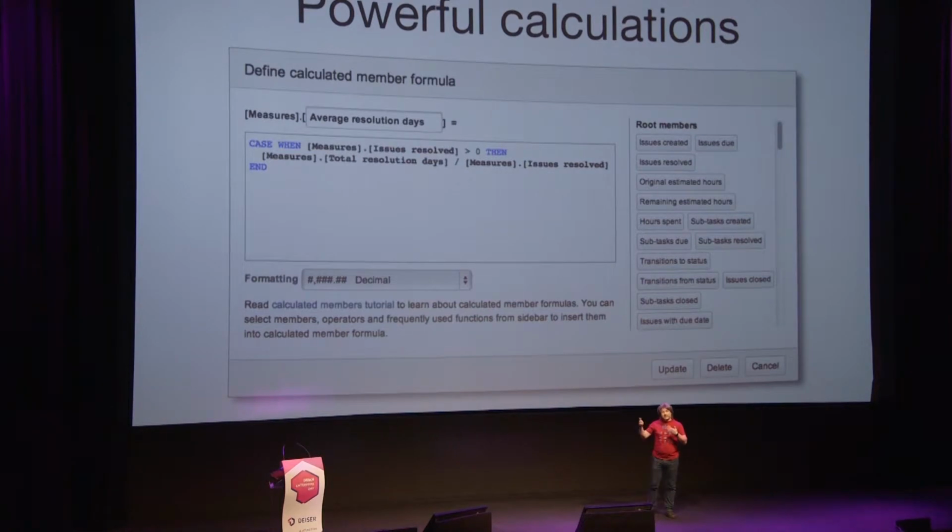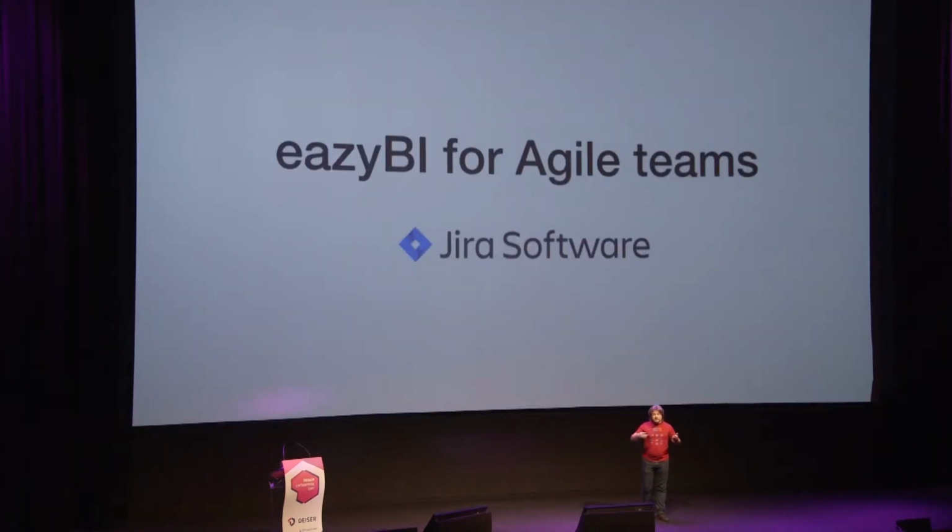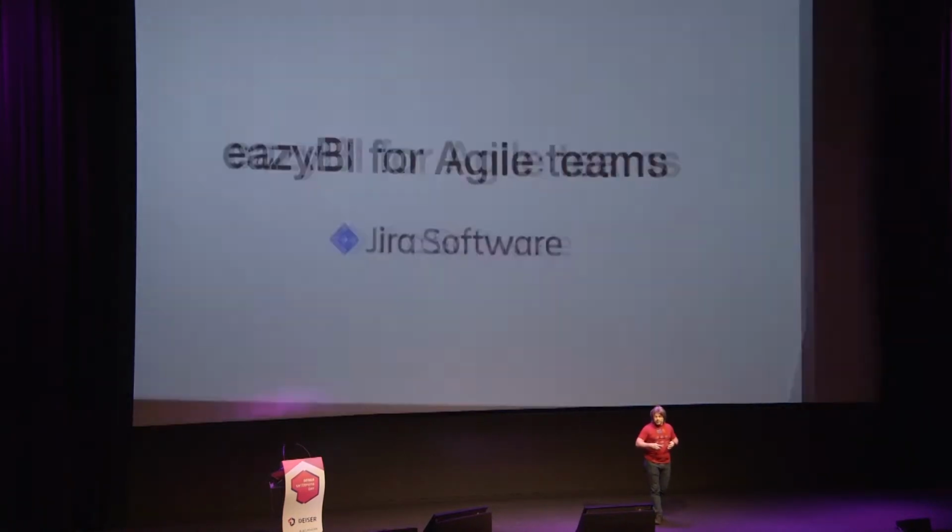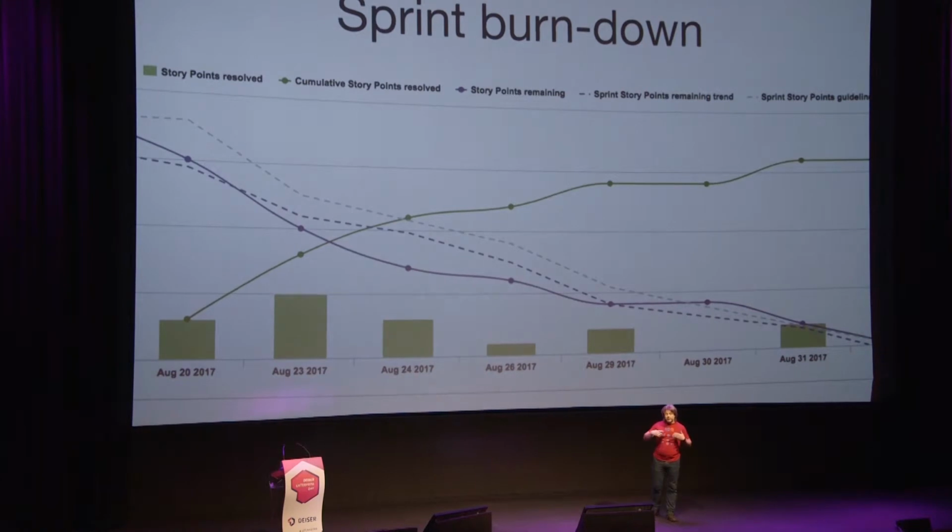I wanted to show some typical examples of how eazyBI is used in different scenarios. At first, eazyBI could be used for agile teams which use Jira software. With eazyBI, you can create different sprint burn down or burn up charts, and you can analyze how many story points you have resolved, how many are remaining, what is the trend line, what is the guideline, how you should do that.